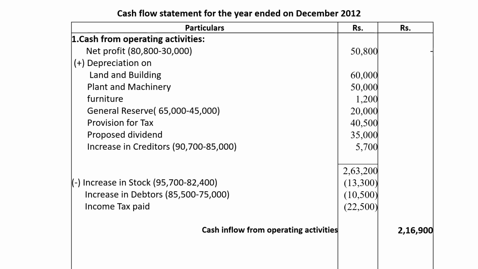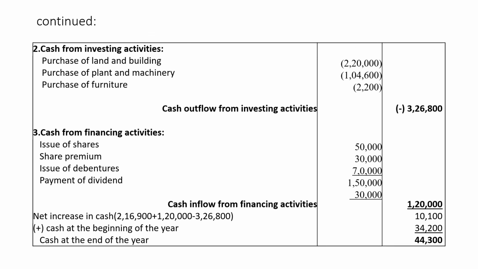Then we will get 2,63,200. From this, deduct the value of increase in stock 13,300, increase in debtors 10,500, income tax paid 22,500. Then we will get 2,16,900 as cash inflow from operating activities. Next, cash flow from investing activities.